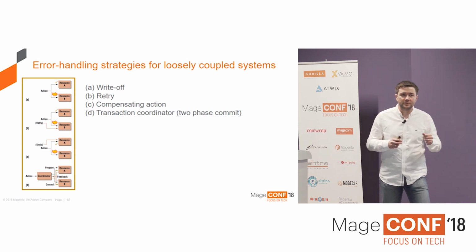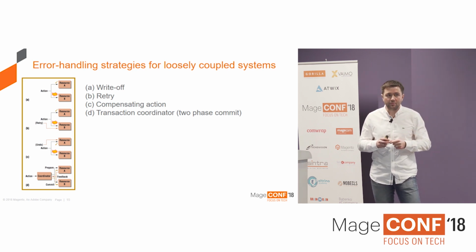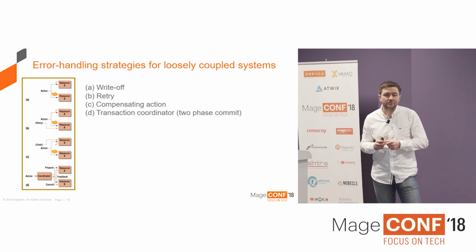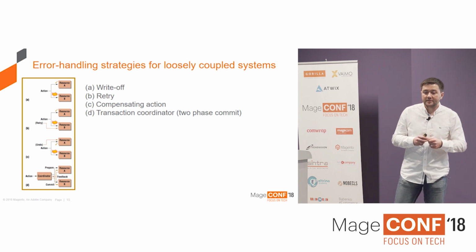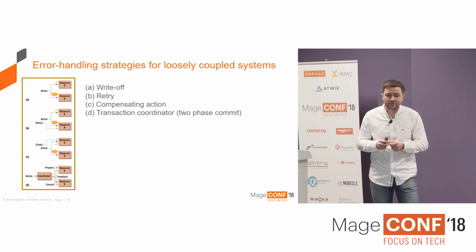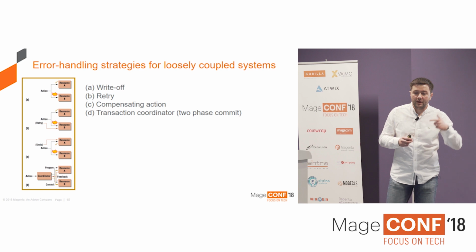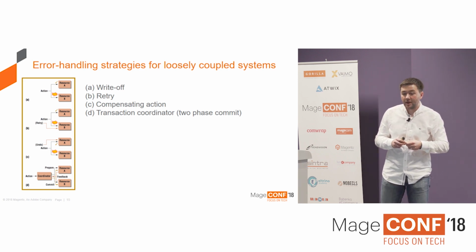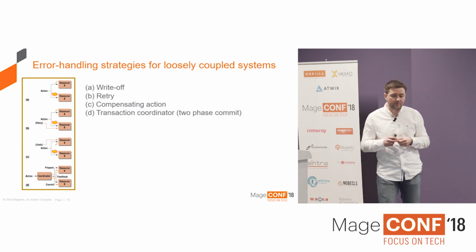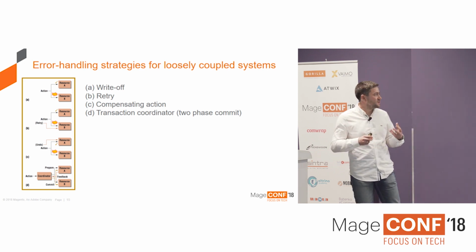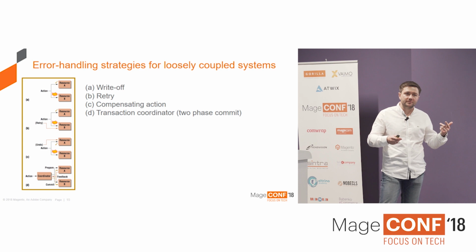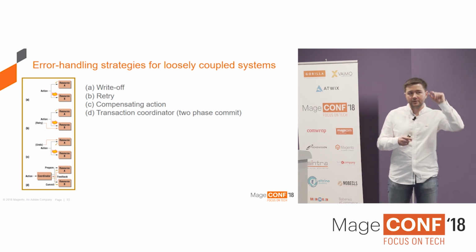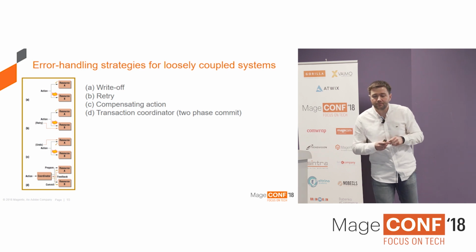Each of these resources responds, yep, I'm prepared, I'm ready to make a transaction. After that, the transaction coordinator says, now let's do the transaction. Each of these servers proceeds with the transaction execution and reports to the transaction coordinator. As you can see, it's a pretty intensive scheme, and there is a lot of collaboration between the coordinator and the two database servers.